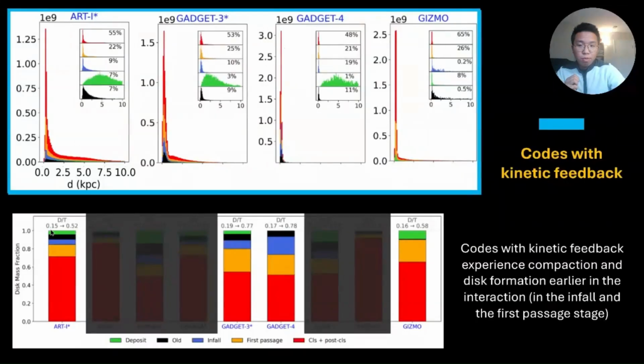In terms of disk formation, we see that the disk-to-total ratio increases after the merger to above 0.5, and the infall and first passage stages account for around 20% of the disk mass for these codes.